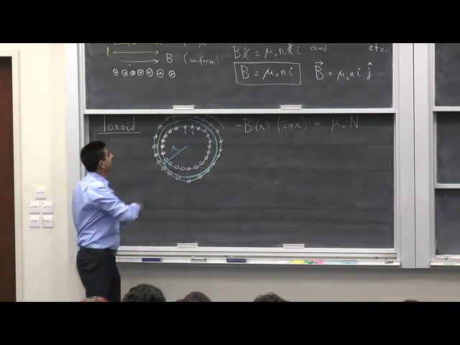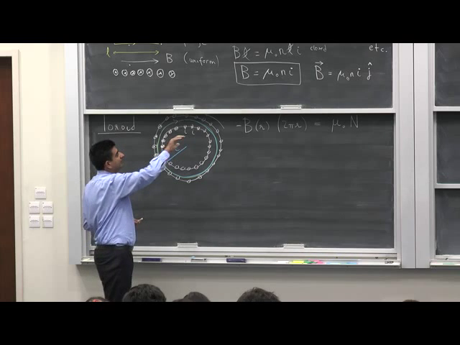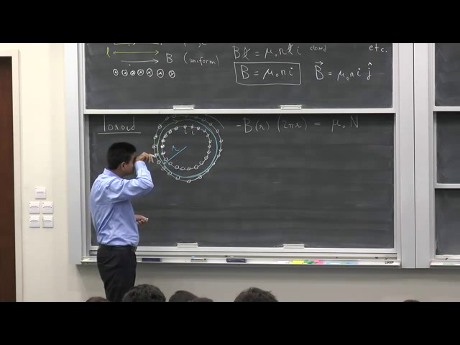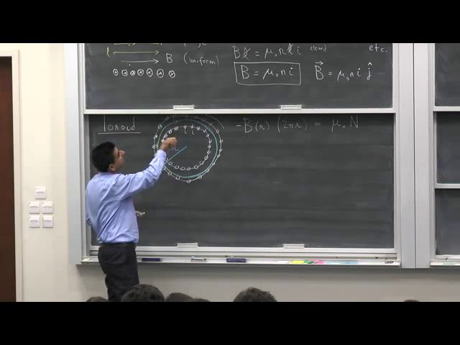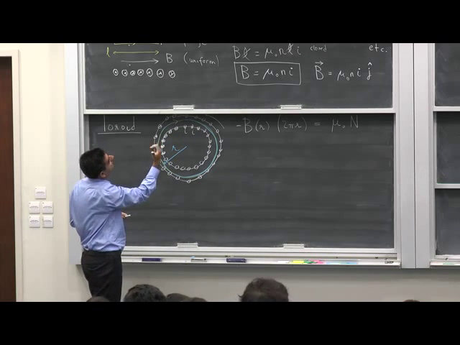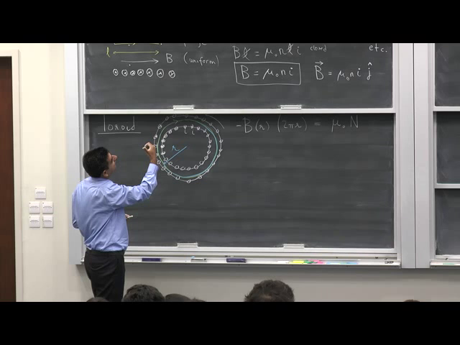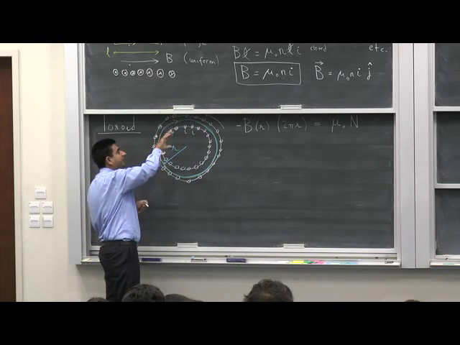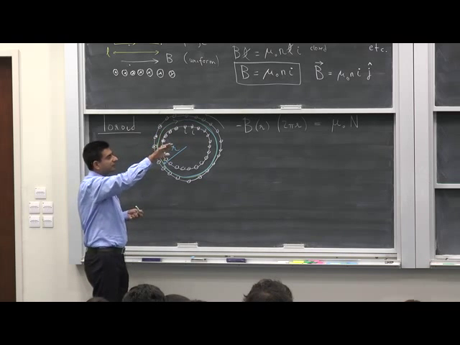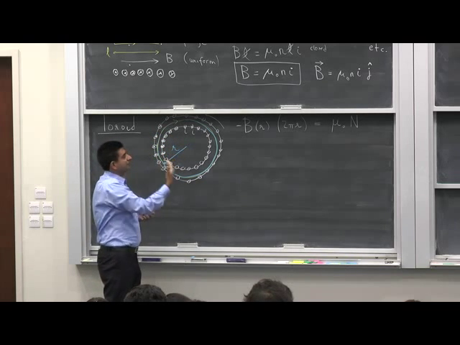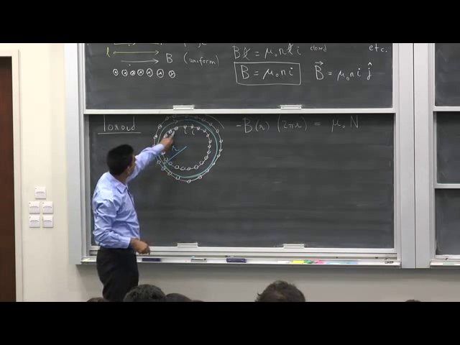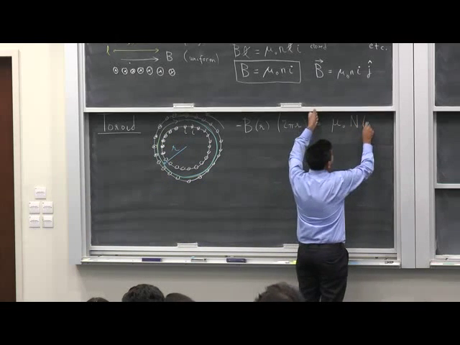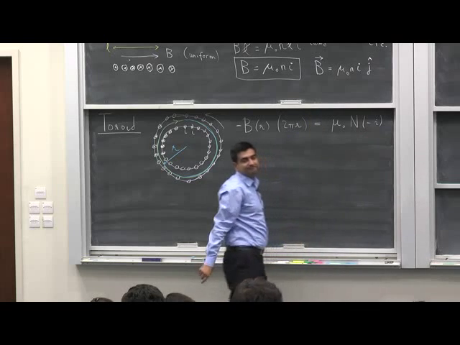So if this is the direction of the current that's going inside, the fingers of the right hand would point in the clockwise direction, but I am going in the anti-clockwise direction. So all of these will give a negative contribution. So I will put a minus I here.